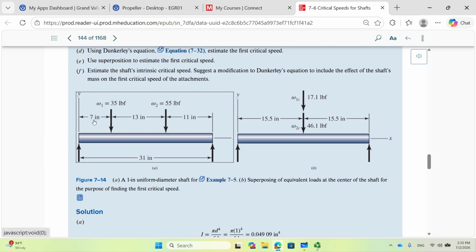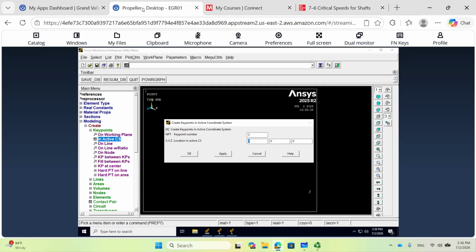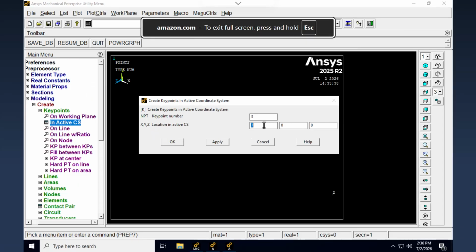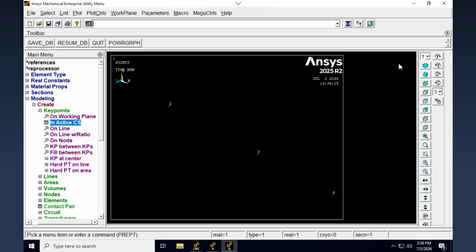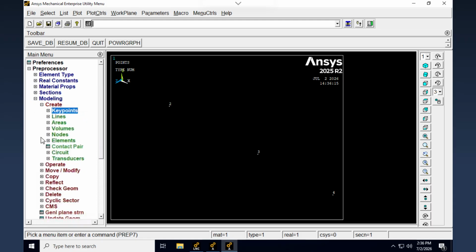So 13 and 7 will be 20, right? So 20 inches from the left is point 3, and then point 4 was 31 inches from the left. There you go.